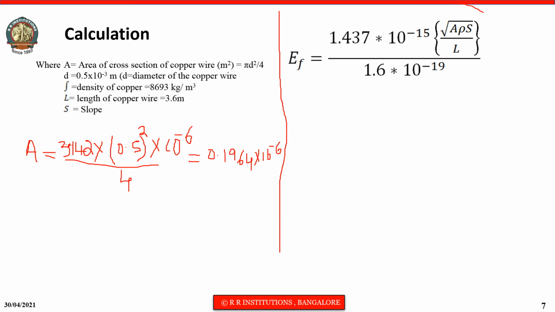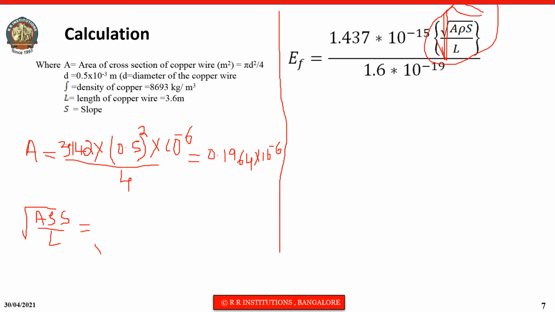Okay, so let me consider this factor and calculate here. Let us consider square root of, here is a mistake, this is under square root of A rho S by L. A is the area, already we have calculated.